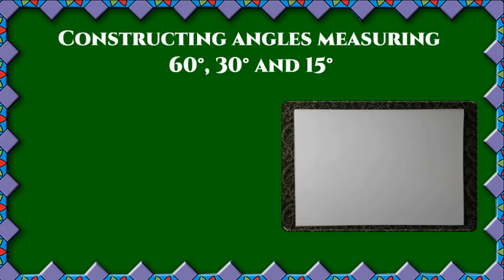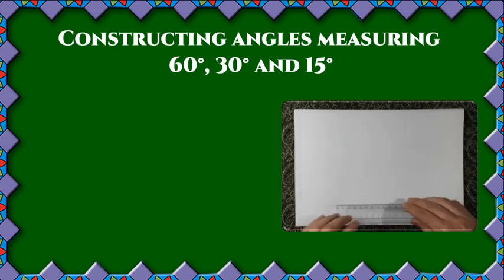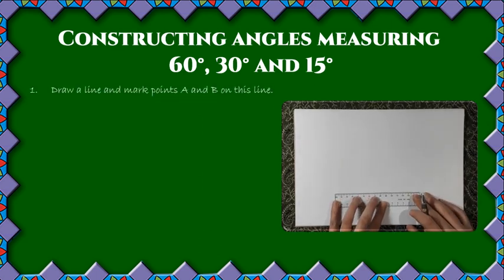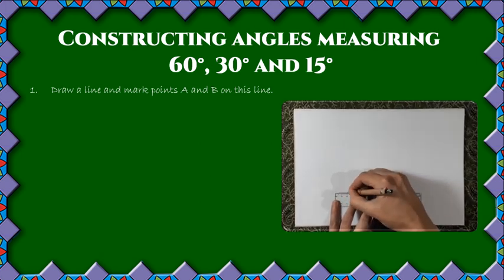Next up, we're going to construct angles measuring 60 degrees, 30 degrees, and 15 degrees. Draw a line and mark points A and B on this line.